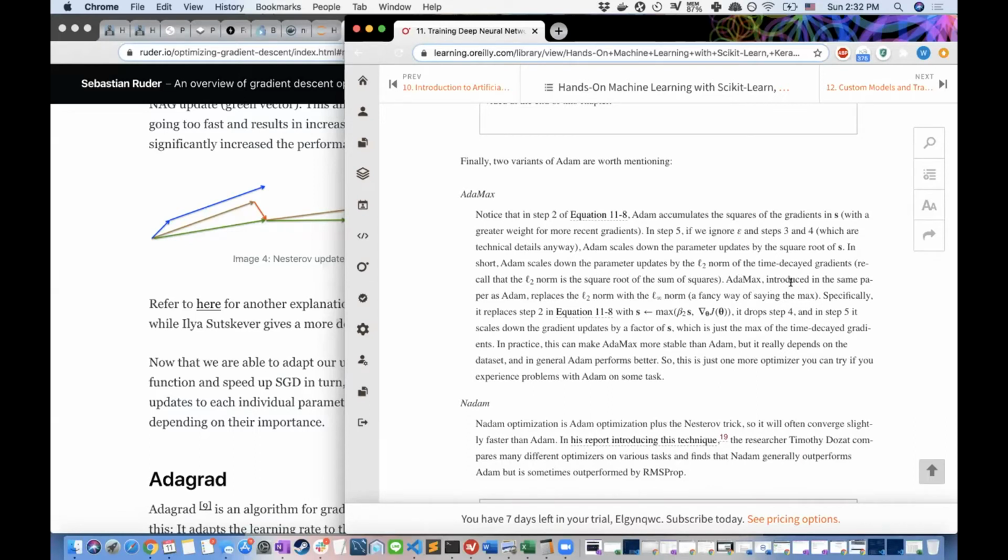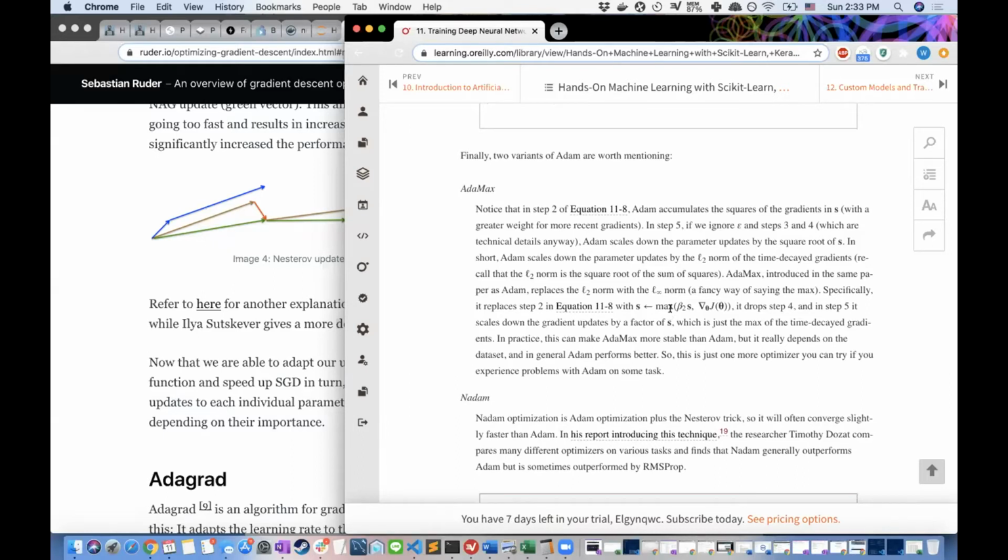AdaMax, introduced in the same paper as Adam, replaces the L2 norm with the L infinity norm, a fancy way of saying the max. Specifically, it replaces step 2 in equation 11-8 with s equals max of beta 2 times s and the gradient of J of theta.